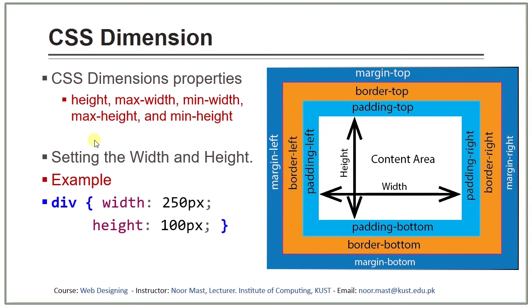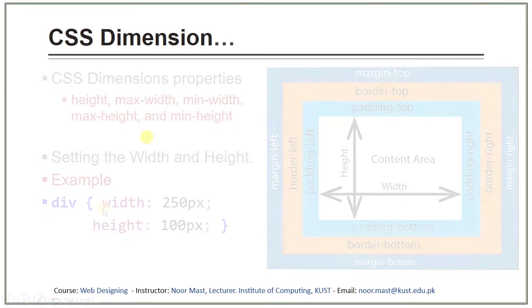Look at this example. This example defines the height and width properties for the div element. So similarly, you can set the width and height properties of other elements as well within your document.